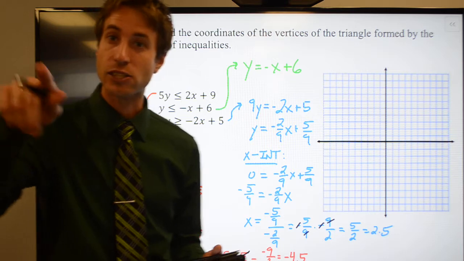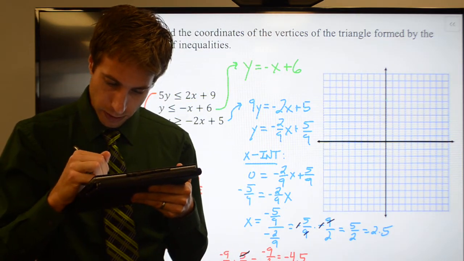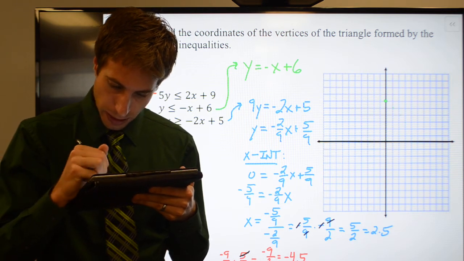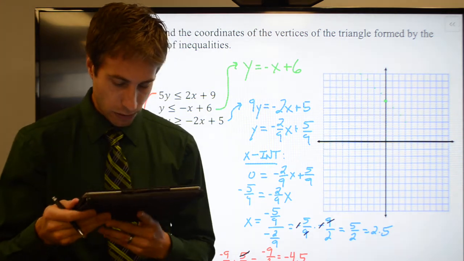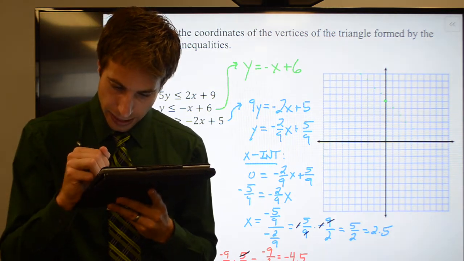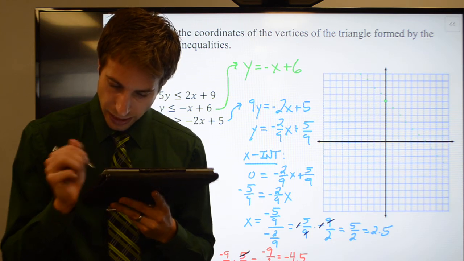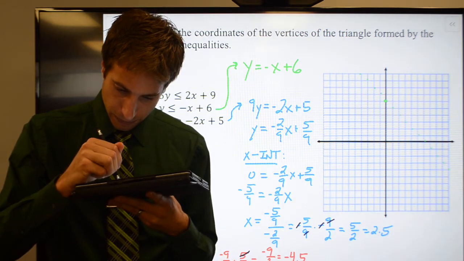Y-intercept of 6 and a slope of negative 1. Down 1/1. So it's just going to be a nice, easy graph right through there. Everybody is greater than or equal to or less than or equal to, so everybody's going to be a solid line.